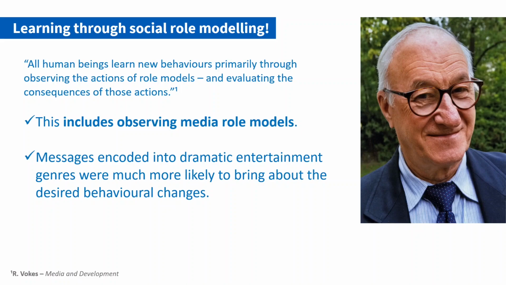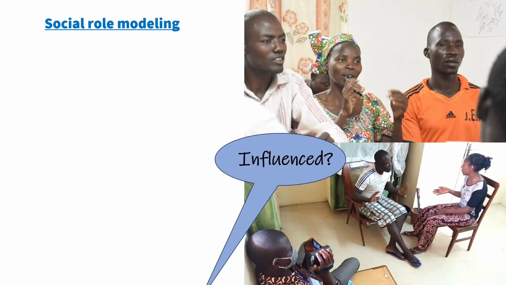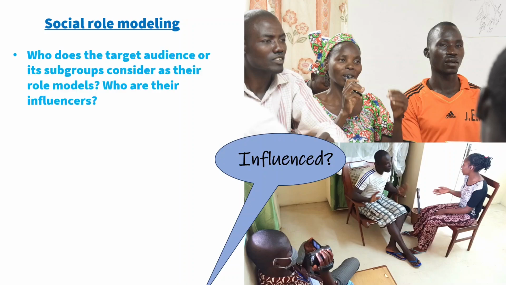This brings us to our second Eyes for Impact question, which again has to do with social learning. The influenced by role models question looks at whether or not our audience is able to observe and learn from narratives and role models which they consider as worthy examples. This means we must ask questions such as, who does the target audience or its subgroups consider as role models?